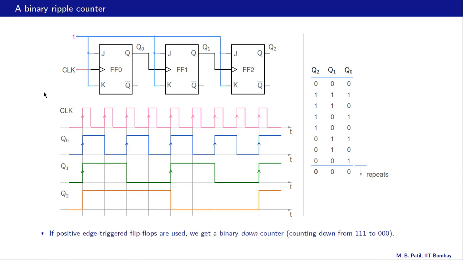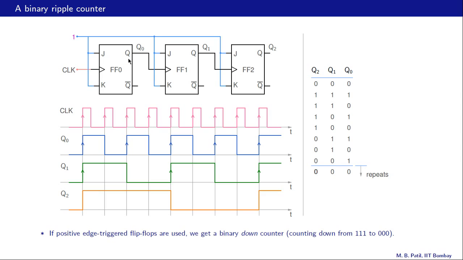Let us now look at a variation of the previous circuit that we saw. Once again, we have three flip-flops, FF0, FF1 and FF2. Their J and K inputs are tied together and connected to 1. The clock, which is shown here, is applied to the first flip-flop.